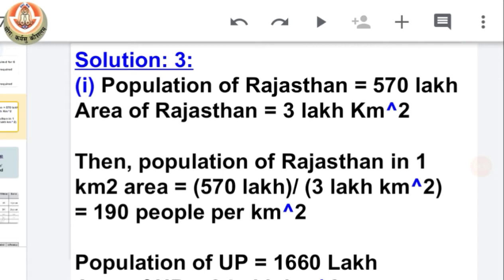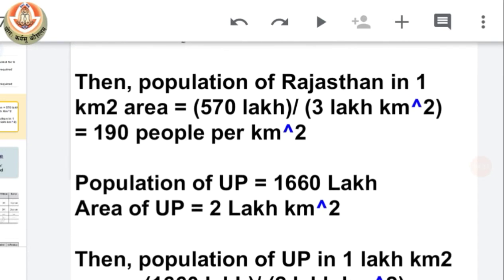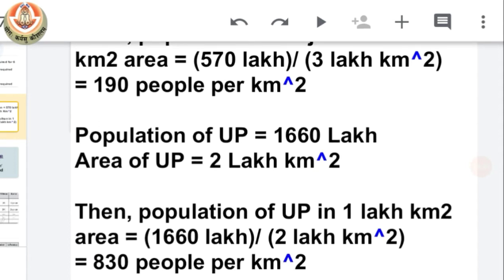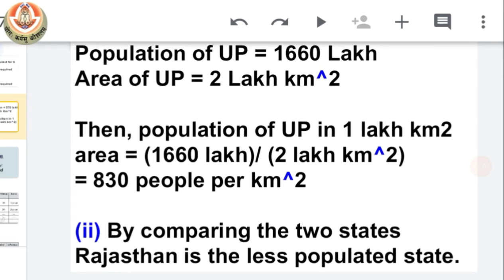Population of Rajasthan is 570 lakh and area of Rajasthan is 3 lakh kilometer square. Then the population of Rajasthan in 1 kilometer square area is 570 lakh divided by 3 lakh kilometer square, and when we solve it we will get the answer 190 people per kilometer square, and the same thing we have to do for UP also.